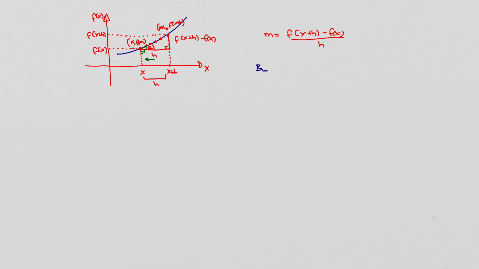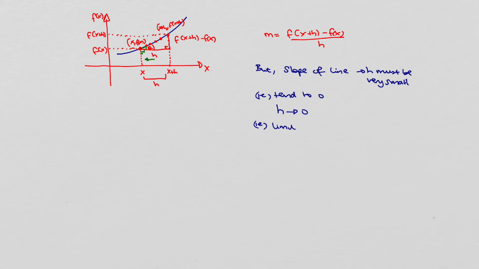So for the slope of a line, h has to be very small. In other words, it must tend to 0. And we write this as h is getting closer and closer to 0. So if we remember when we were doing our limits, this basically means it's the limit of the slope.